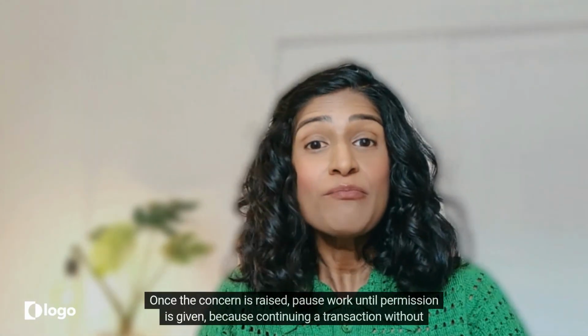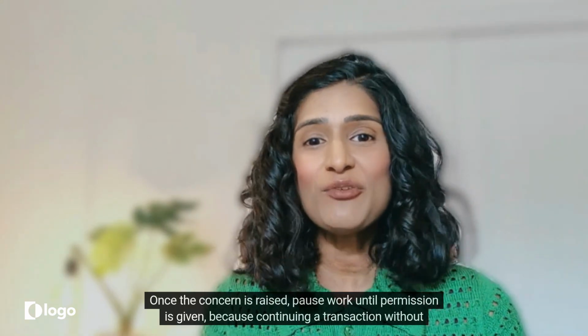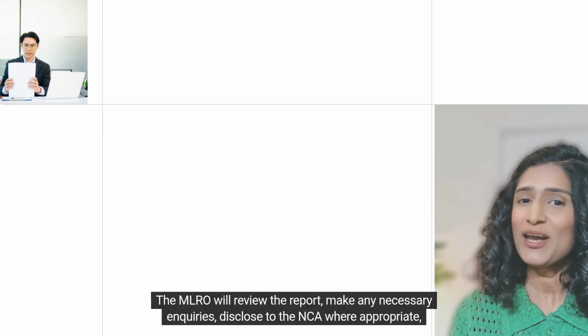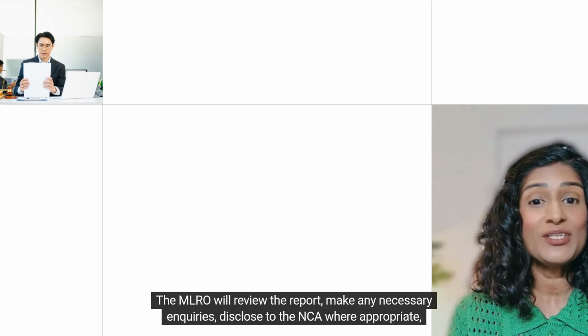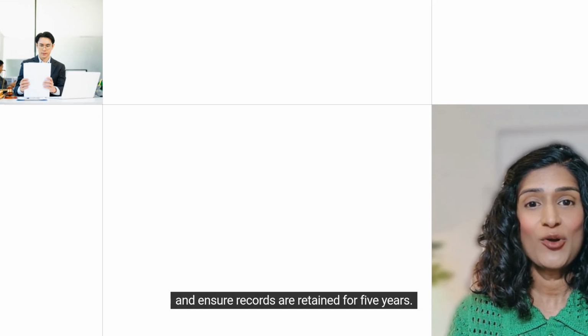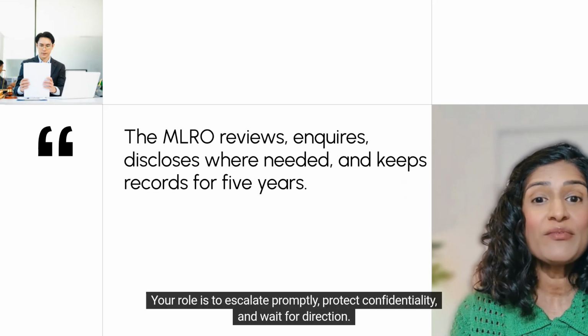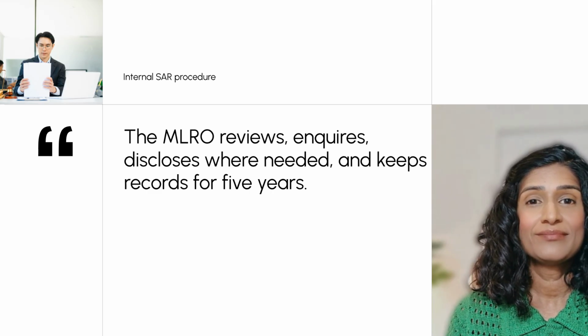Once the concern is raised, pause work until permission is given, because continuing a transaction without clearance may create legal and regulatory risk. The MLRO will review the report, make any necessary inquiries, disclose to the NCA where appropriate, and ensure records are retained for 5 years. Your role is to escalate promptly, protect confidentiality, and wait for direction.